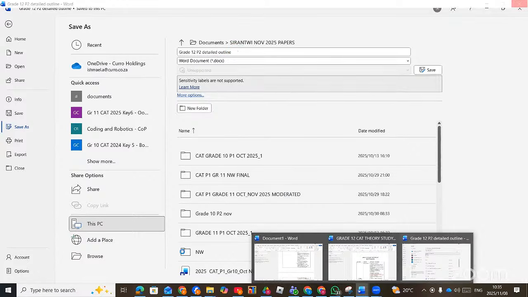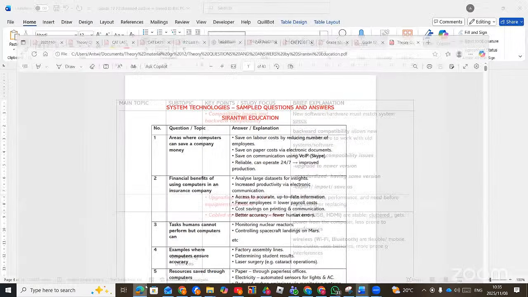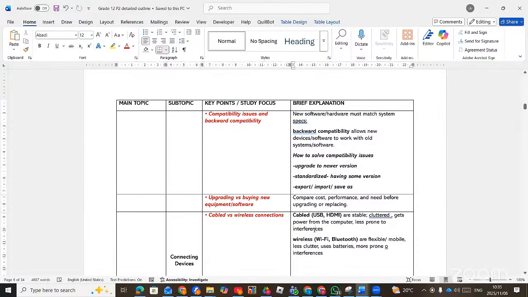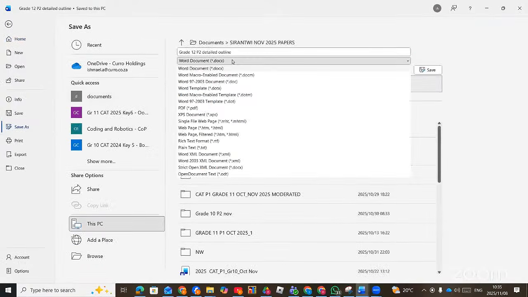Again, you can also solve that. We can also save it in a lower version. Like if you go to File, Save As, then instead of the Word .docx, you can save it in a lower version, that is 97 to 2003.